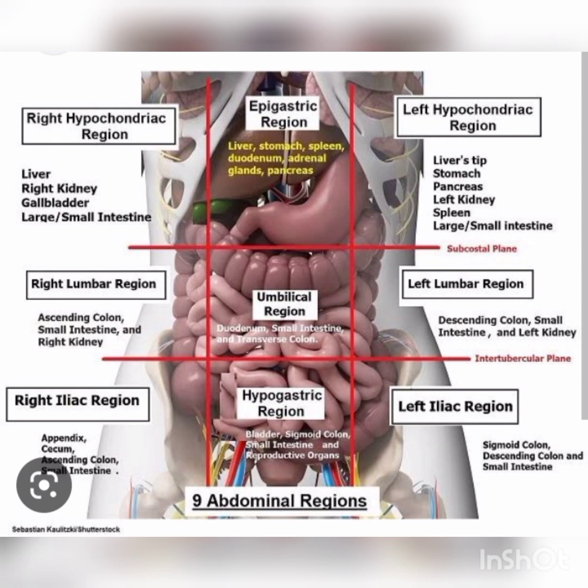And down below the umbilical region, down right, is called the right iliac region. Why? Because you can see a bone there. That bone is called the iliac bone. That is the reason this region is called the right iliac region, where you can see the appendix, cecum, part of the small intestine, and ascending colon, a large intestine part, and small intestine.